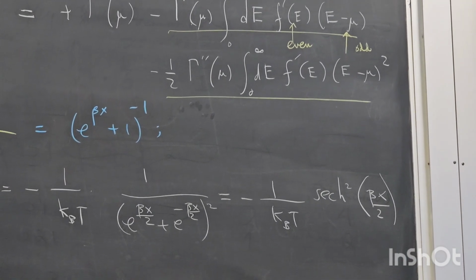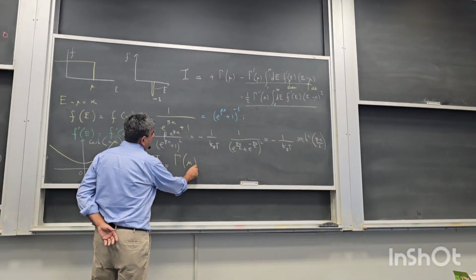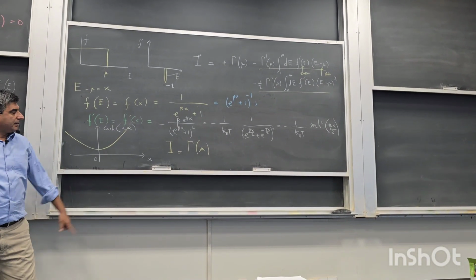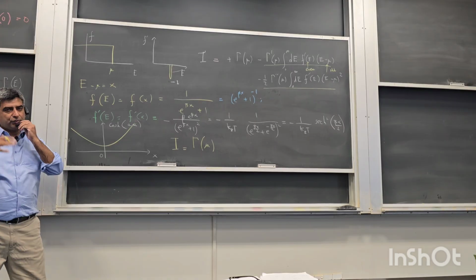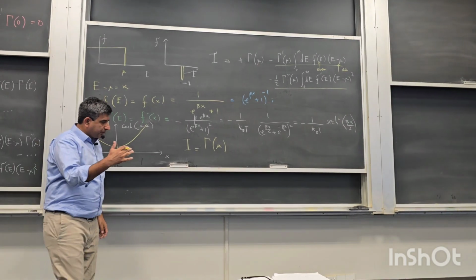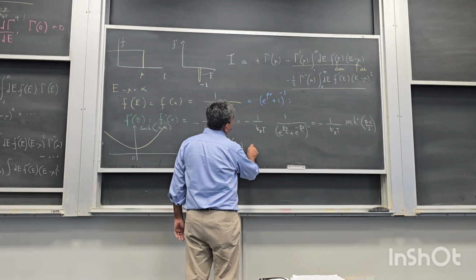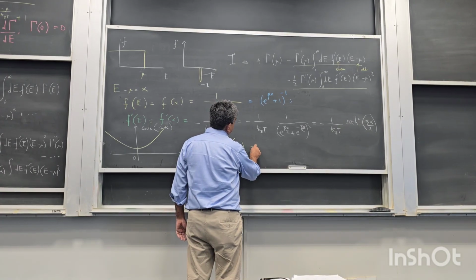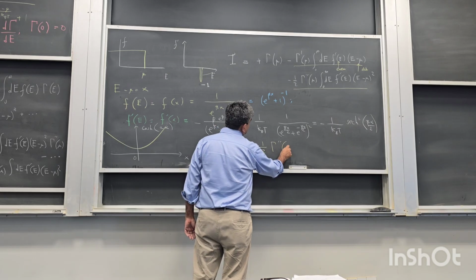My I will be the gamma, the unknown variable computed at the chemical potential, minus 1/2 the double derivative of mu.